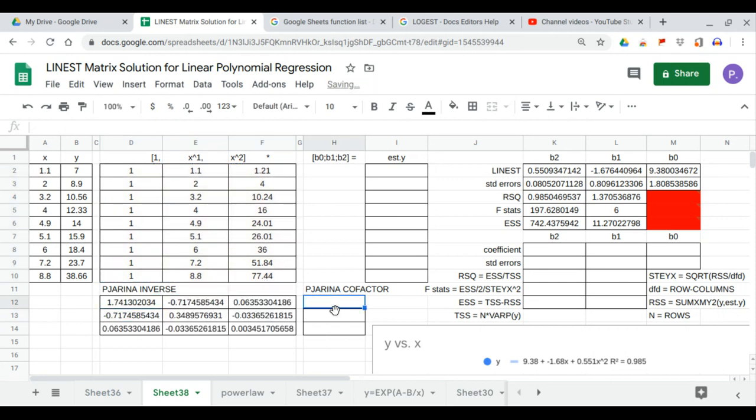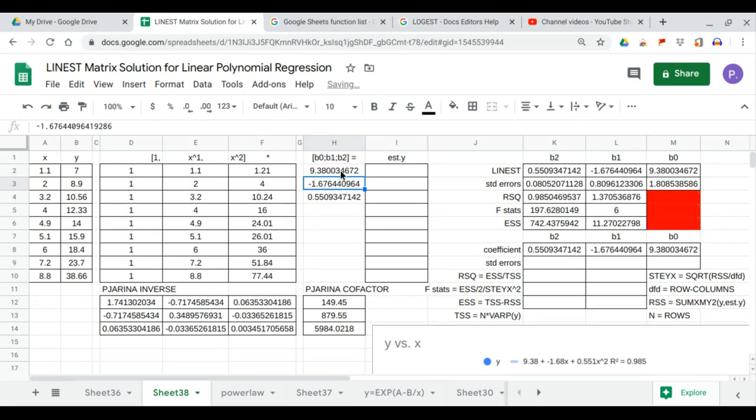And the pseudo cofactor, which is MMULT of the transpose of this matrix and the y values. Now that we have these two matrices, we can calculate the coefficients, which is MMULT of the pseudo inverse and the pseudo cofactor.